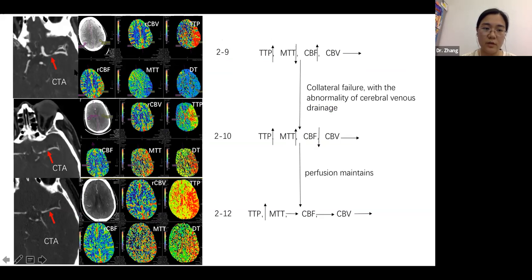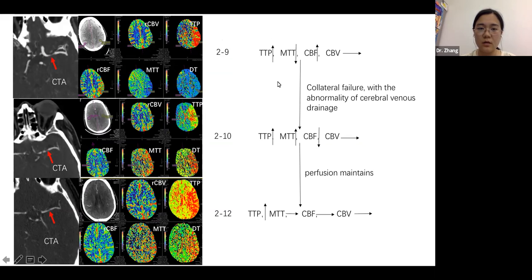At the first day, February the 9th, that's his first CTA, and the right part is his baseline CT perfusion. We can see a delayed TTP, but shortened MTT. And CBF seemed slightly increased, but the CBV seemed normal and very equal between the two sides.